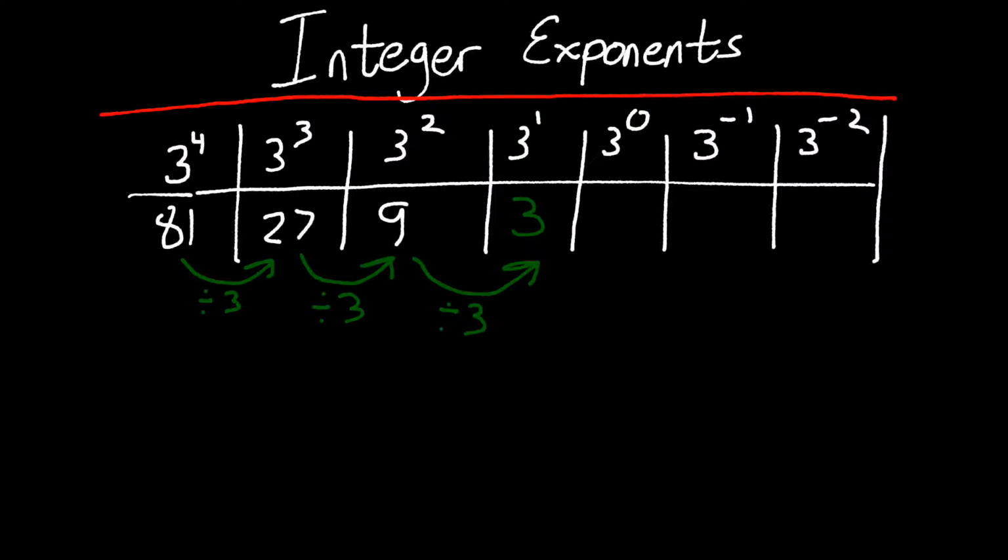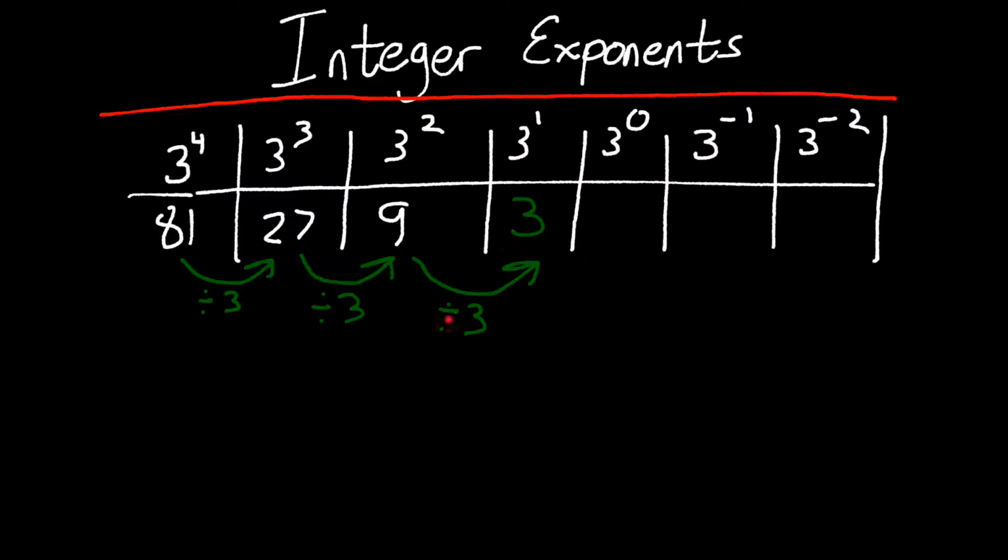Many people think that the 0 power means that our answer will be 0. This is absolutely incorrect. It is not 0. Look at the pattern that we noticed here. Every time my exponent decreased by 1, I divided by the base. So to go from 3 to the 4th to 3 to the 3rd, I divided by 3. 3 to the 3rd to 3 to the 2nd, I divided by 3.